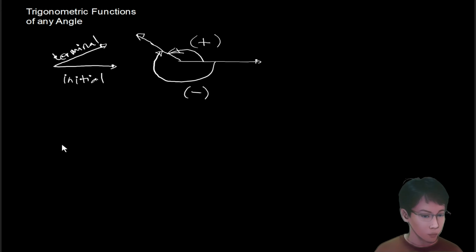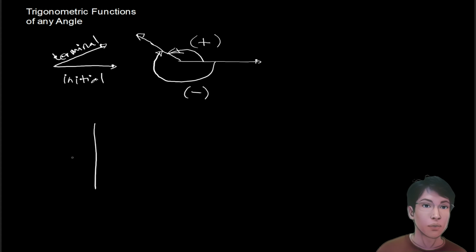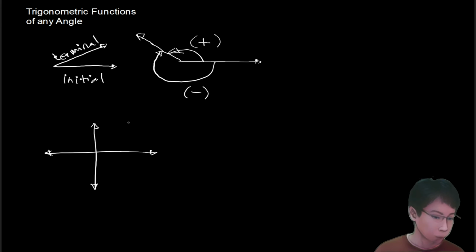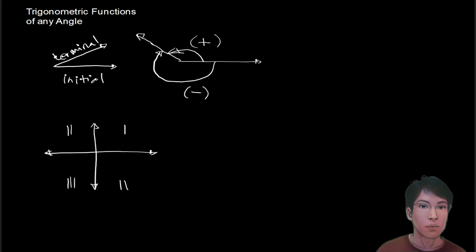Let's consider the rectangular coordinate system. So you have your y-axis, then the x-axis. This is quadrant 1, quadrant 2, quadrant 3, and quadrant 4.